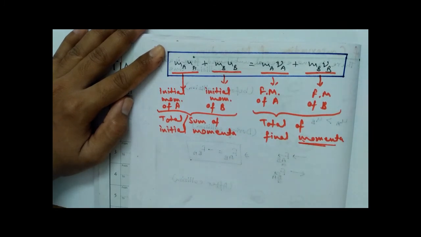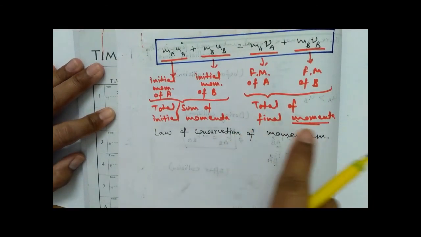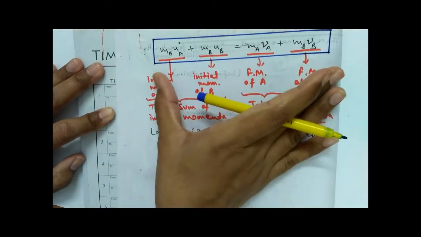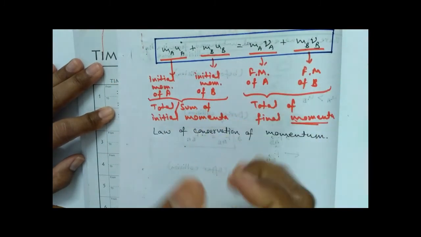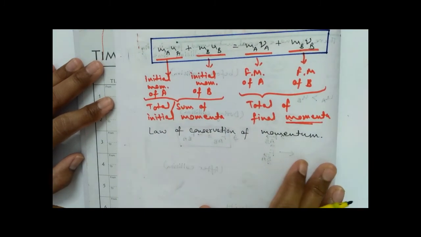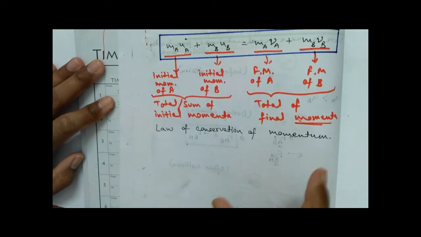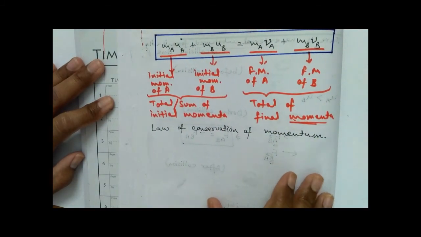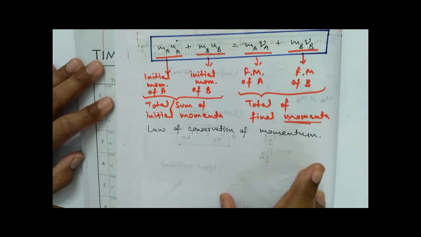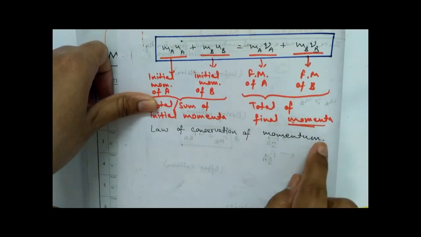And what should be the condition for the law of conservation of momentum for this equation to be valid? That there should not be any external unbalanced force acting on both the objects or either of the objects. There should not be any external force applied. So what should be the statement of the law of conservation of momentum?